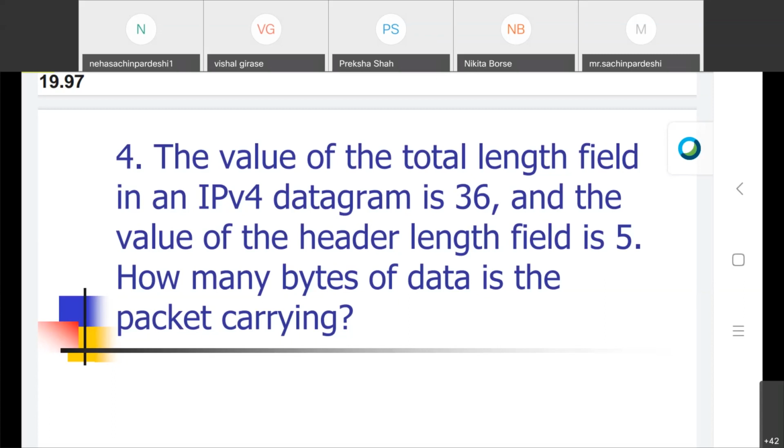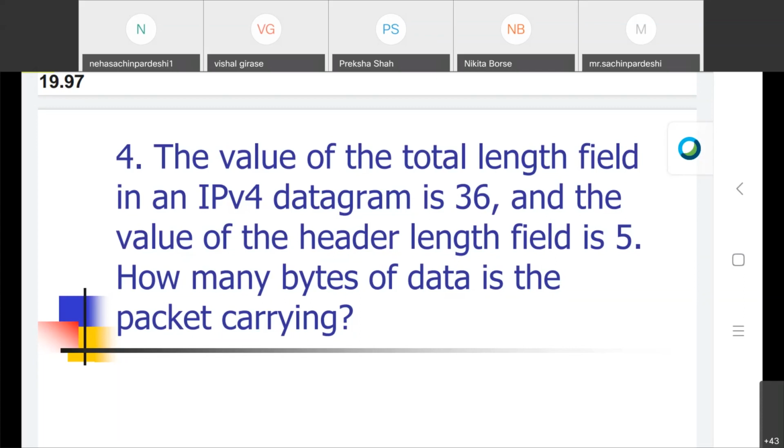The IPv4 header length should be between 20 and 60 only. So the value is 5. Always remember that the value will be multiplied by 4. So 5 into 4 is 20. Whatever value is in the header length field is multiplied by 4.